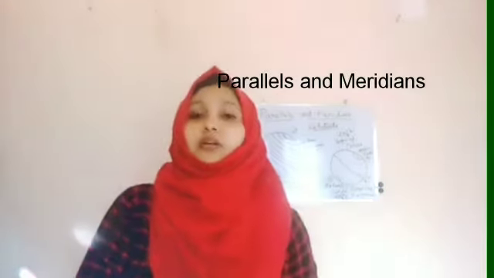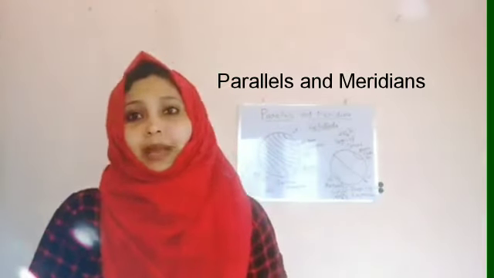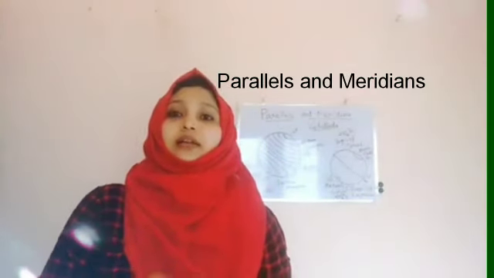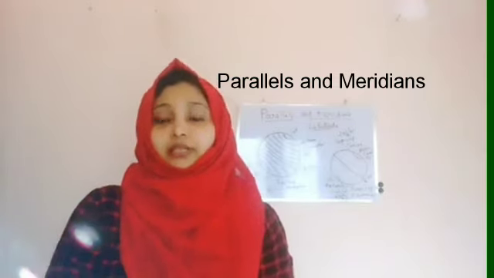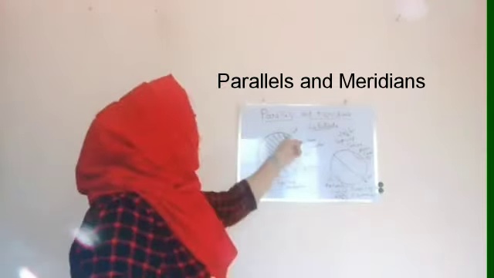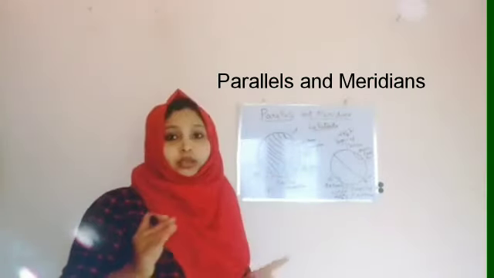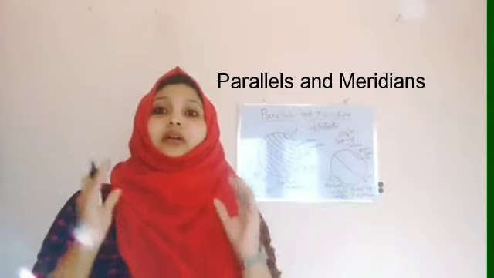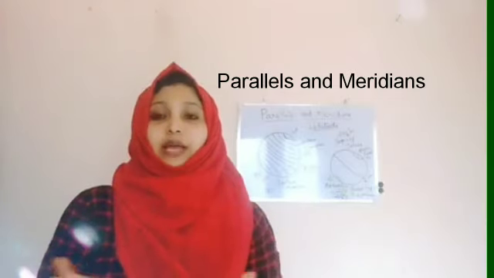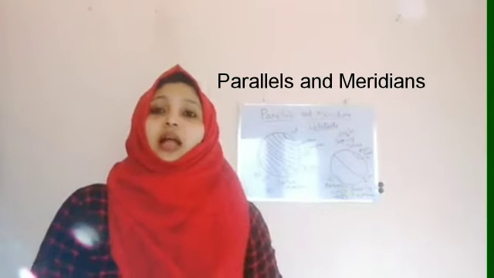And we are moving to some features of the parallels also. Parallels are complete circles, except at the pole side. At the pole side we have a point. Okay, so except at the poles we have complete circles.